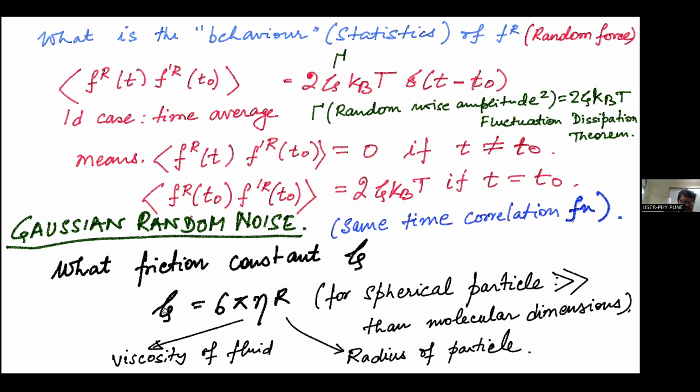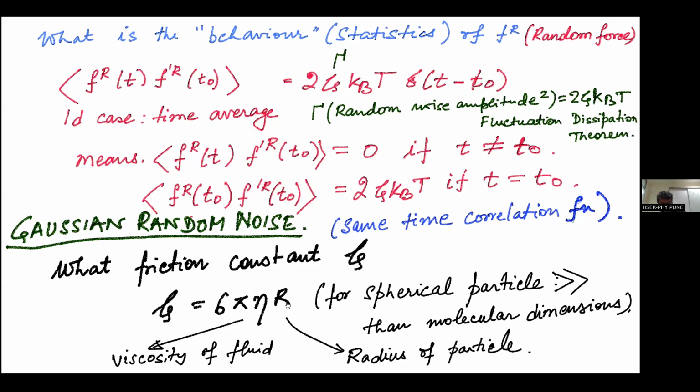So inside the friction coefficient, both a fluid property and a property of the radius of the colloid are sitting inside, and the frictional random force. So this determines how much frictional force it feels. Of course, this times velocity, right?